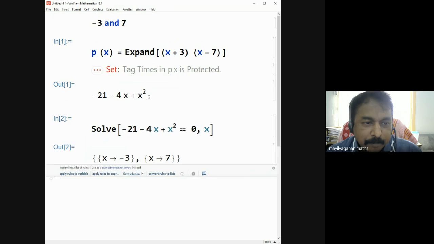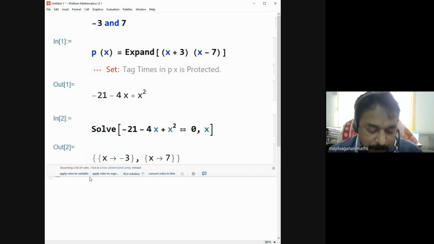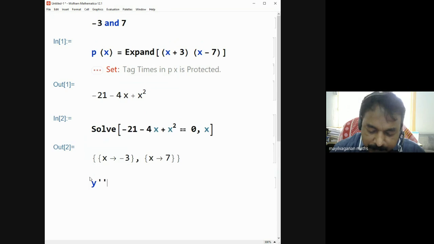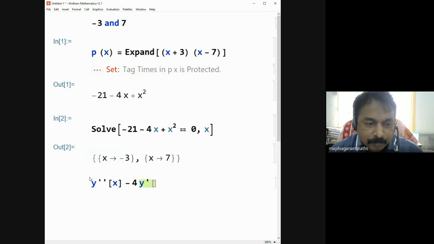So now coming back to our polynomial, we replace x squared by the second derivative of y, which is a function of x, minus 4x by minus 4 times the first derivative of y with respect to x, then minus 21 into the function y of x equal to 0.